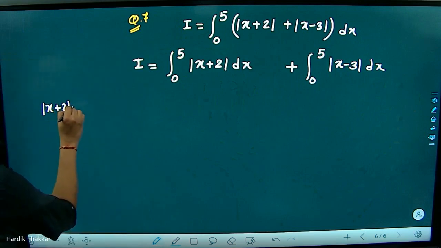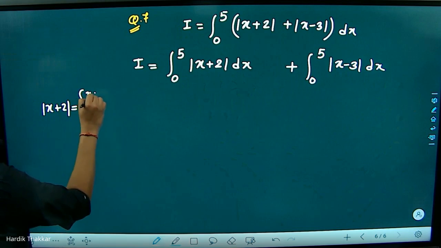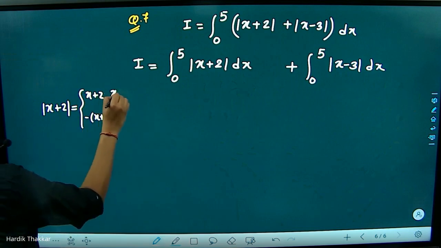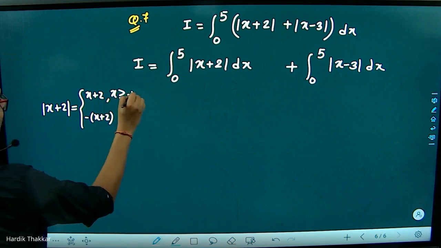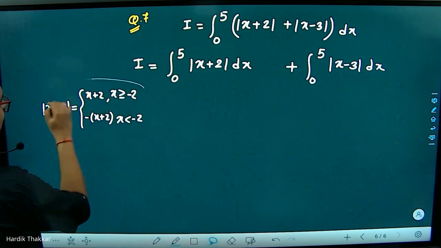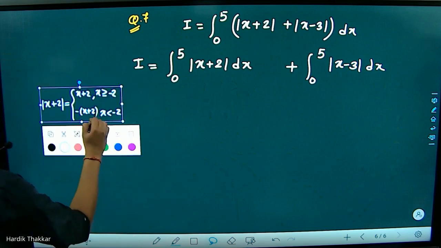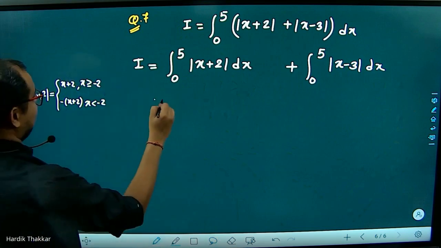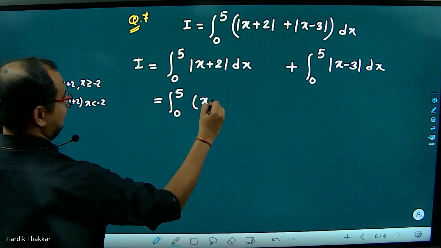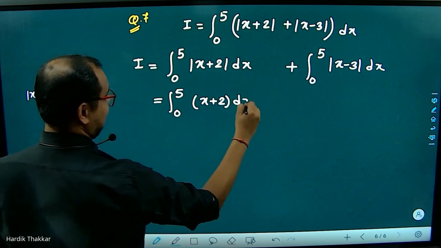So mod x plus 2 is x plus 2 or minus of x plus 2. This value is when x is greater than or equals to minus 2. This value is when x is less than minus 2. So we will consider only the upper value. So it will be 0 to 5 x plus 2 dx, correct?